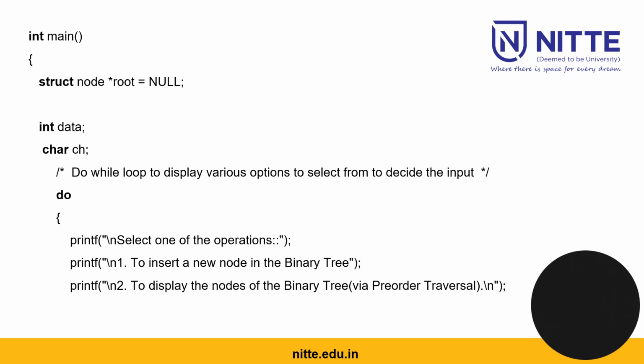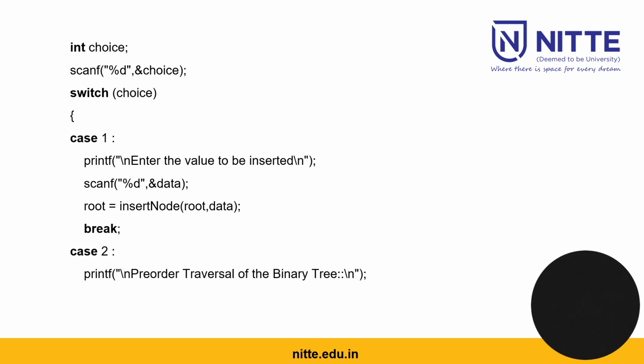So if I press 2, it will display all the nodes in the binary tree in pre-order traversal manner. Then we will write int choice, one integer type, that is choice. Then we will use scanf %d and choice.